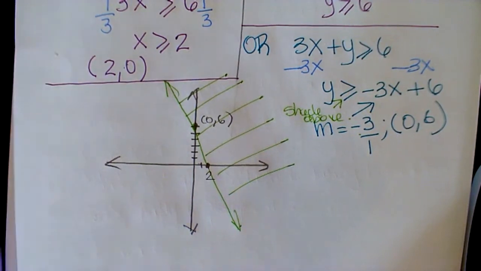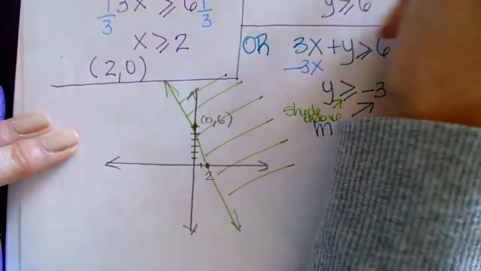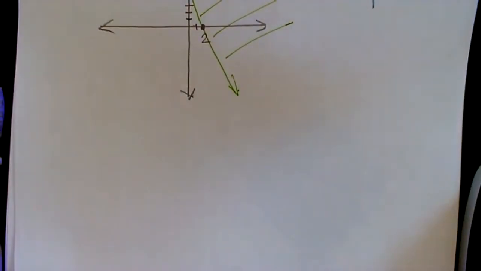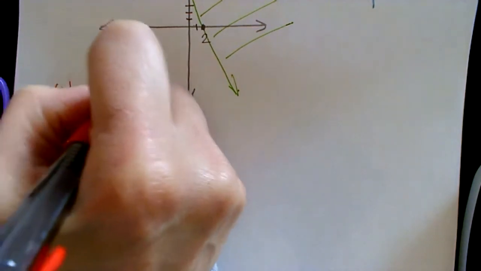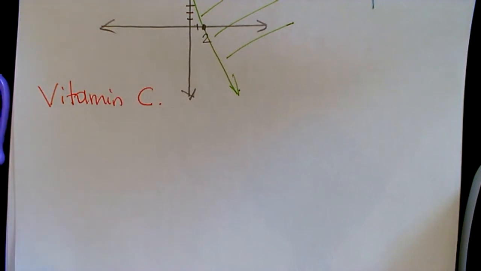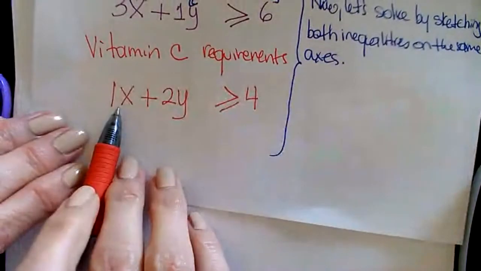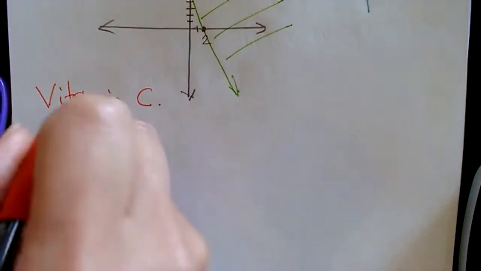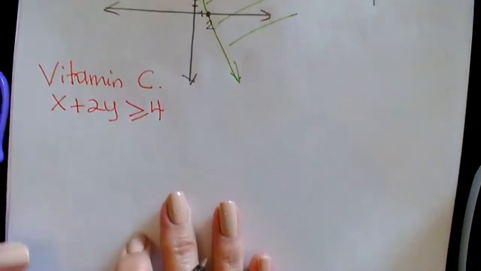Now, let's do the vitamin C requirements, okay? So the vitamin C, this is the vitamin C. So what we have for vitamin C is x plus 2y greater or equal to 4.